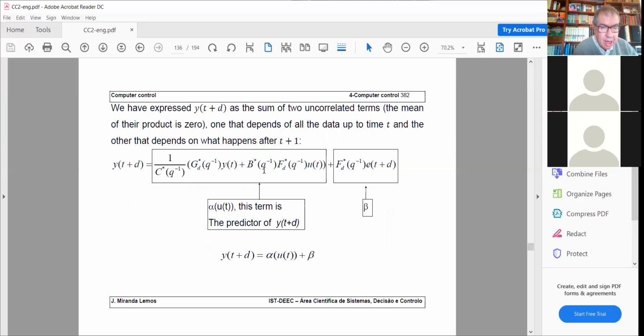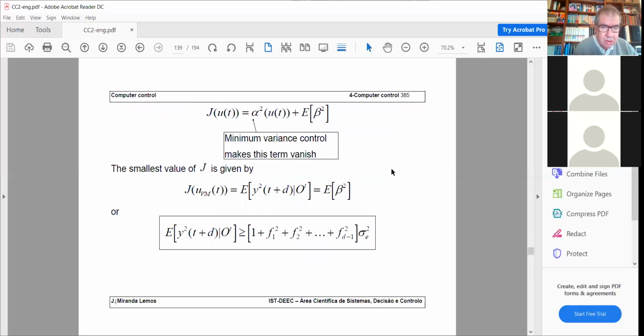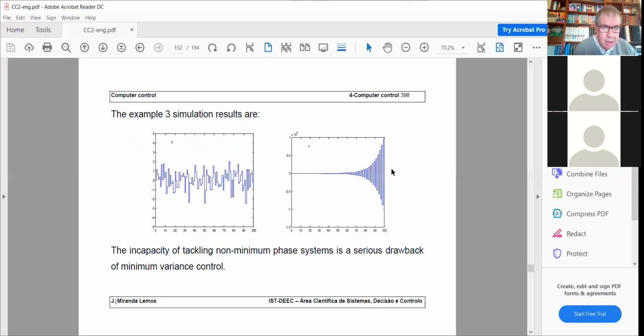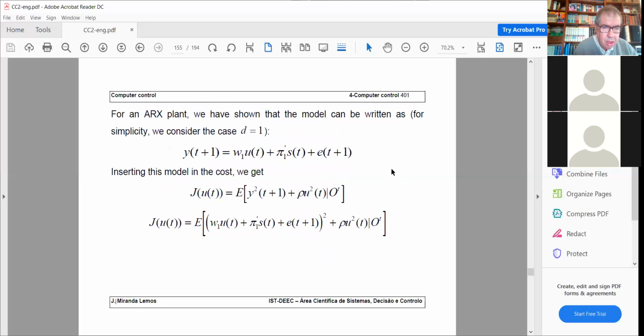Then you have the first term, which is u of t. I'm isolating it because u of t is free. And then you have a linear combination of past values of u, so u of t minus 1, u of t minus 2, etc. And then d is 1, so this is just one constant, which is 1, times e of t plus 1. So you can write that formula in this way.